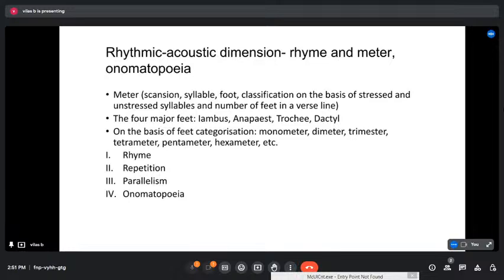Here is a crucial point, what I feel, and this crucial point is the acoustic, rhythmic acoustic dimension. So the choice of words and their arrangement creates a kind of music.